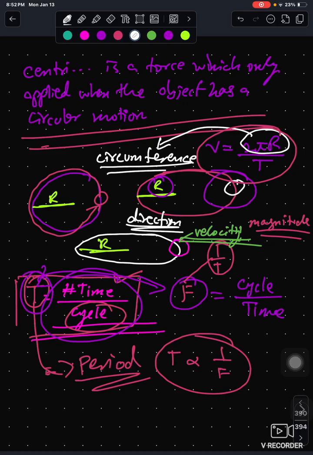Maybe at this point it's this direction, at this point it's this direction. So every time the direction is changing, velocity is not constant, because it's a vector quantity and we have to take direction into account.